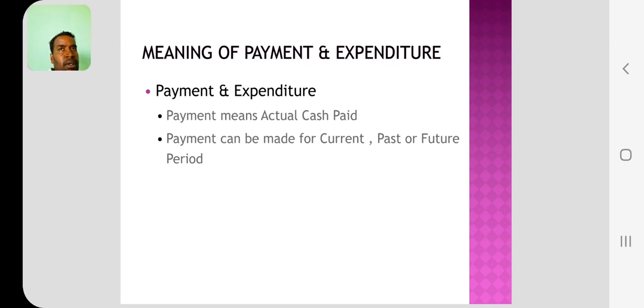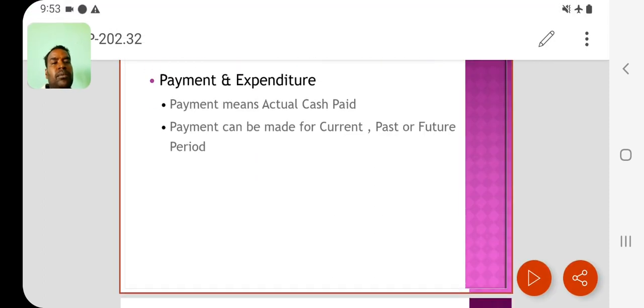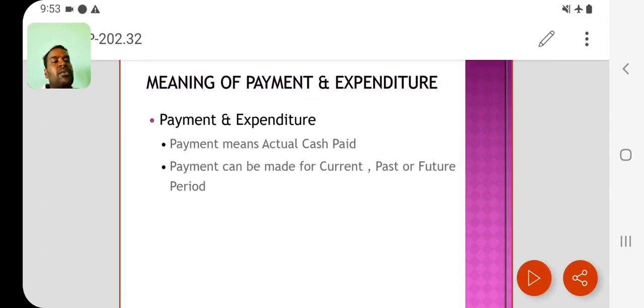To form a partnership, we compulsorily have to follow the rules and regulations kept in the Partnership Act 1932, Section 4.